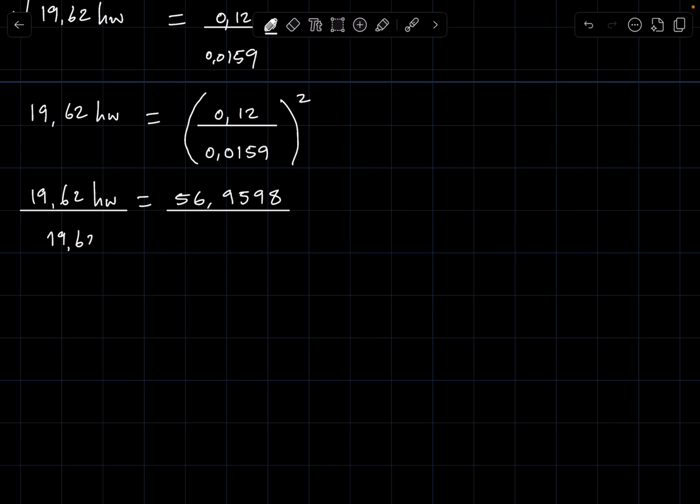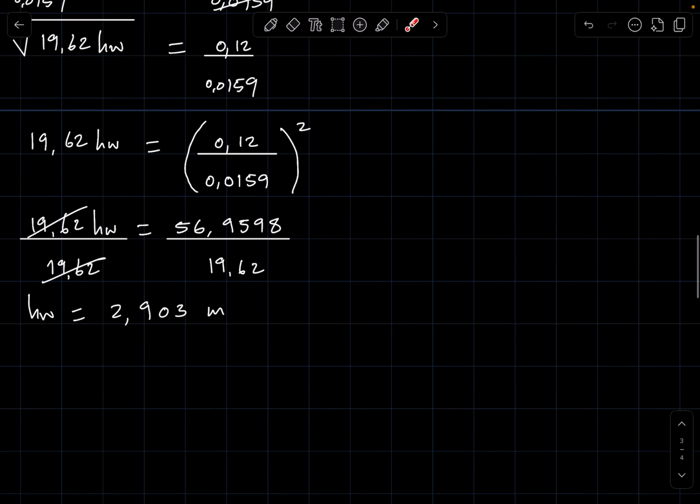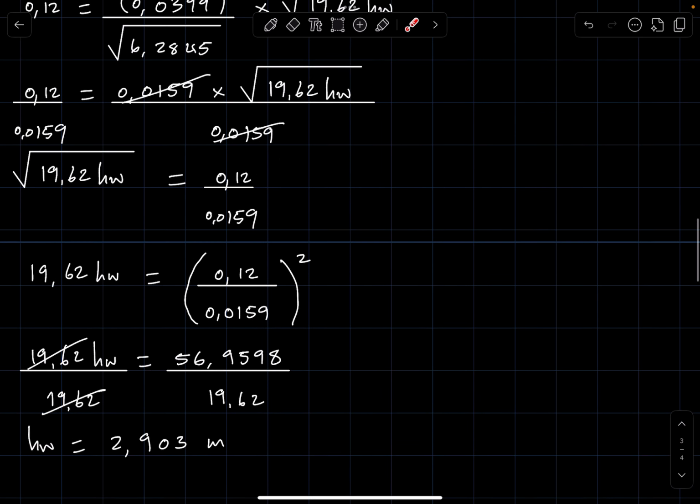So 19.62 cancels. Therefore, HW is equal to 2.903. Because this is H, we know it is in meters, since all the quantities we've used here are in their standard units of measurement.